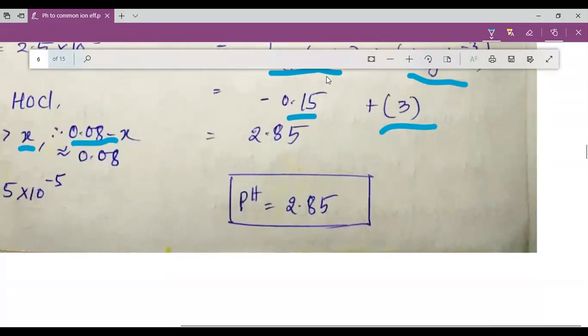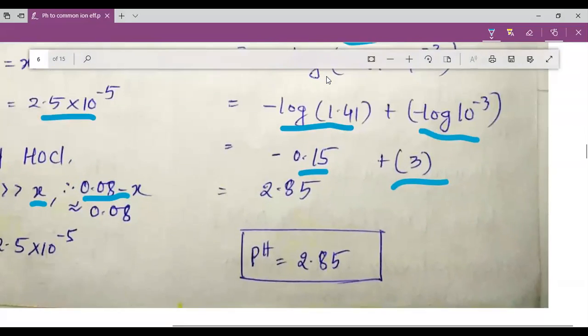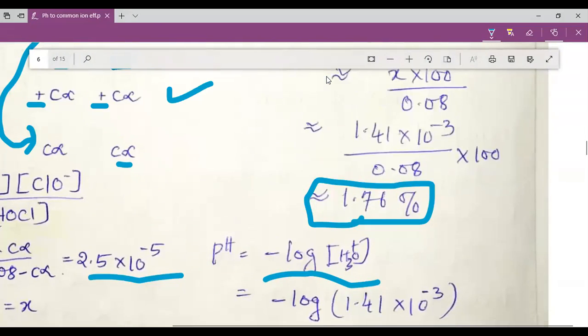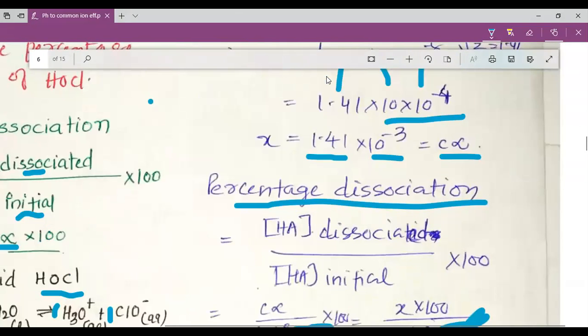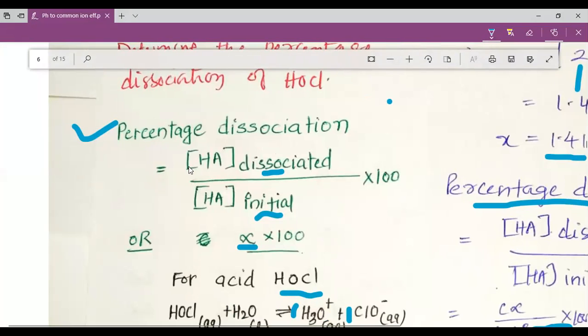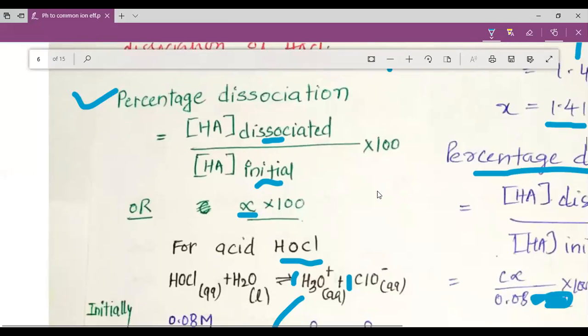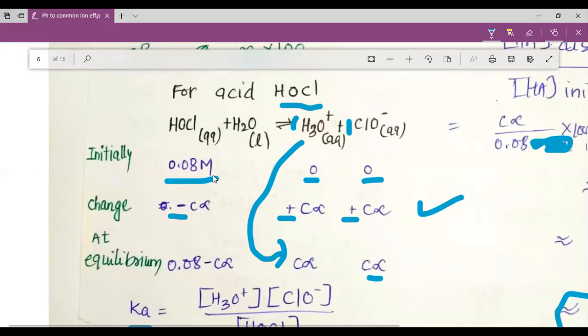See, dear students, whenever we are asked to find out the percentage dissociation, we have this formula. Percentage dissociation is equal to HA dissociated divided by HA initial multiplied by 100. The HA dissociated is C alpha, because the initial concentration was 0.08, and C alpha was the dissociation of the acid.